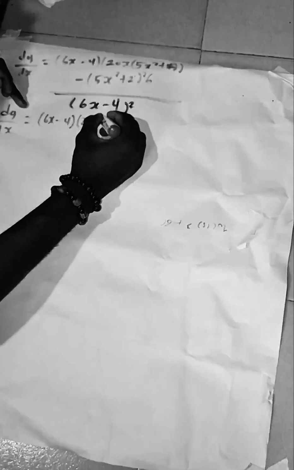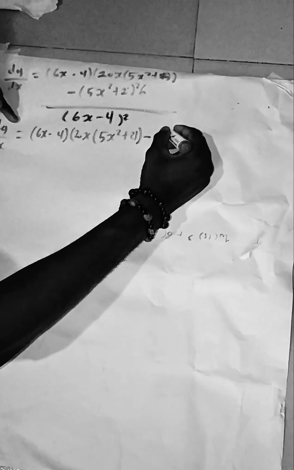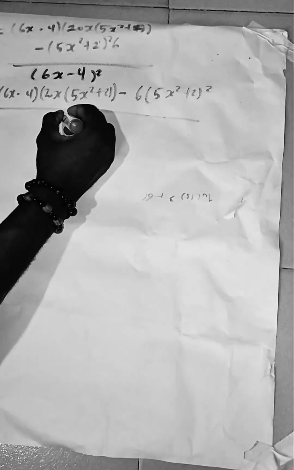So let's simplify this. This question was a bit messy. So we have 6x minus 4 multiplied by 20x into bracket 5x squared plus 2, then minus 6 times 5x squared plus 2 all squared, all divided by 6x minus 4 all squared.